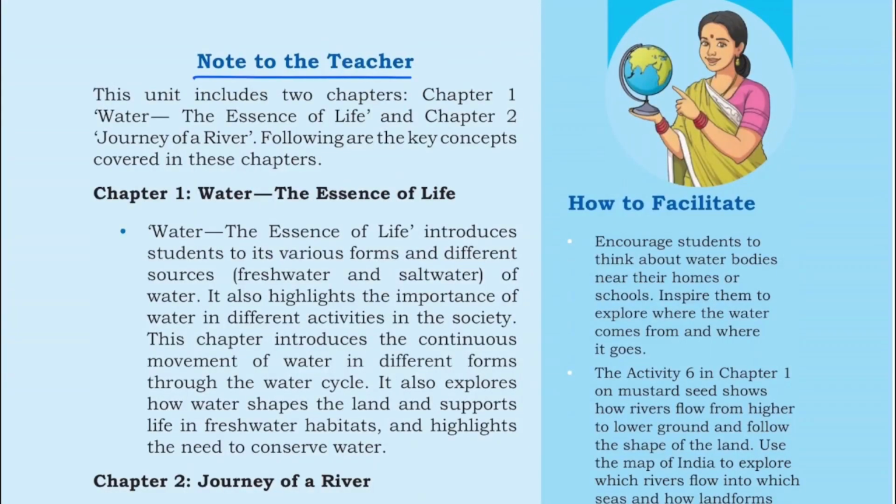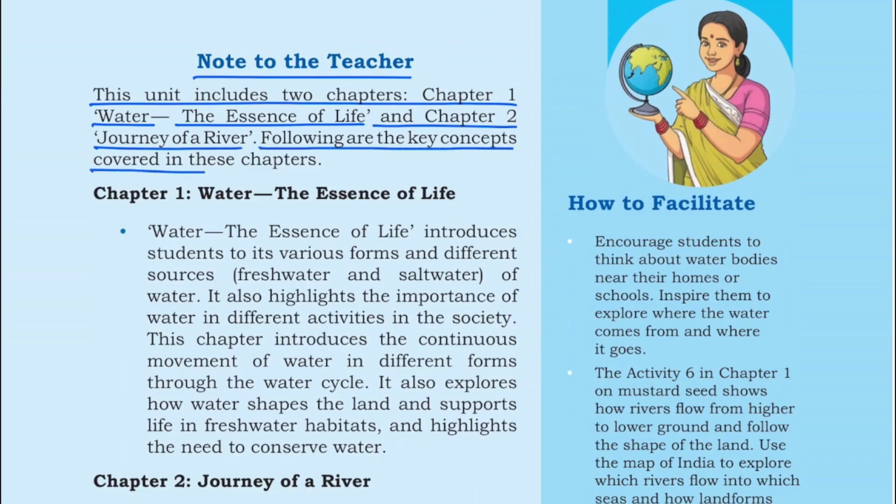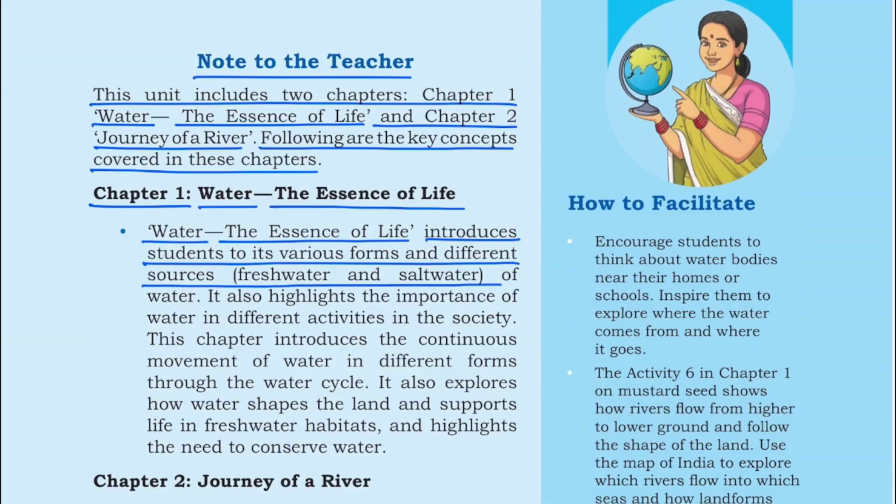Note to the teacher. This unit includes two chapters. Chapter 1, Water, the Essence of Life, and Chapter 2, Journey of a River. Following are the key concepts covered in these chapters. Chapter 1, Water, the Essence of Life, introduces students to its various forms and different sources, fresh water and salt water, of water.